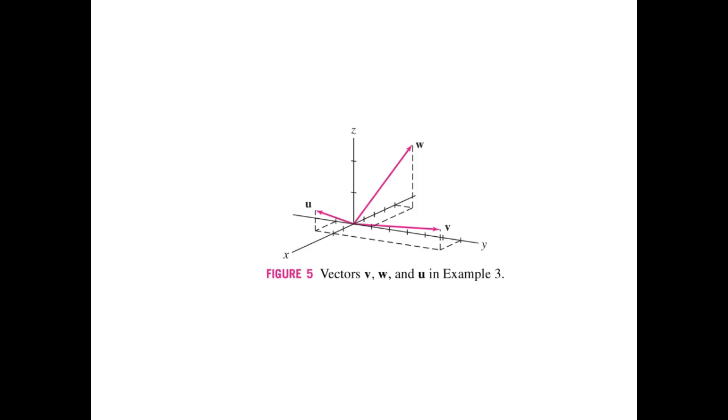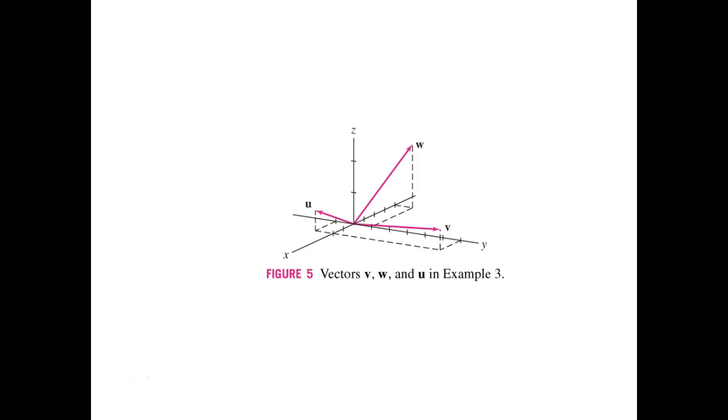This is vector U, which looks like it's plus 2 in X, minus 1 in Y, and plus 1 in Z. V appears to be plus 2 in X, plus 6 in Y, and looks like 1 in the Z direction.